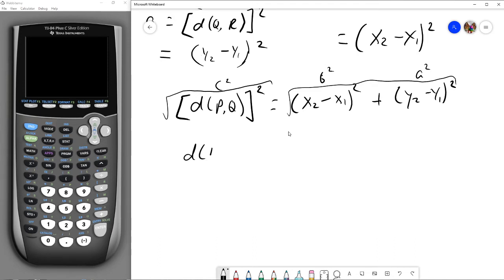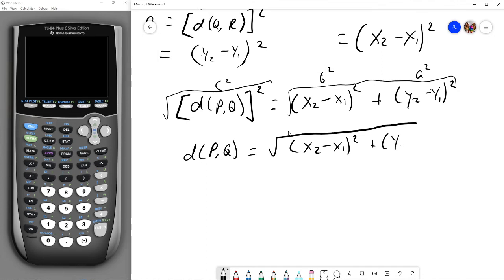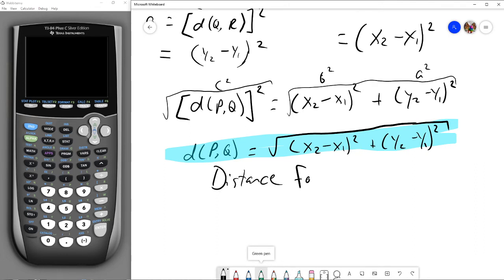And that tells us that the distance from P to Q is going to equal the square root of x2 minus x1 quantity squared plus the difference of y2 minus y1, that quantity squared. And this thing right here, we can highlight it. That is called the distance formula. So this is our new first fun fact. This is the distance formula.